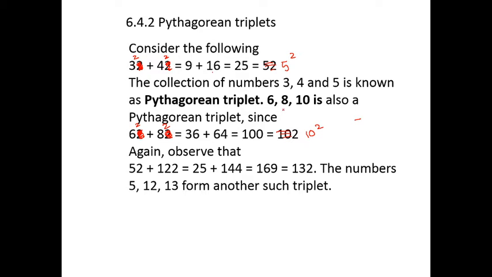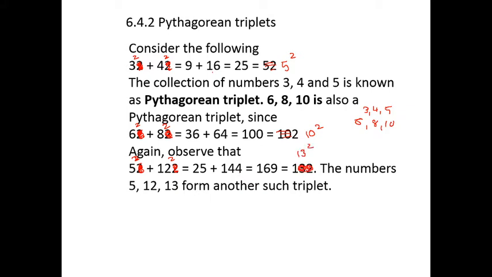So the first triplets are 3, 4, 5, and next is 6, 8 and 10. One more observation here: 5 to the power 2 is 25, 12 to the power 2 is 144. 25 plus 144 is 169. 169 is the square of 13.